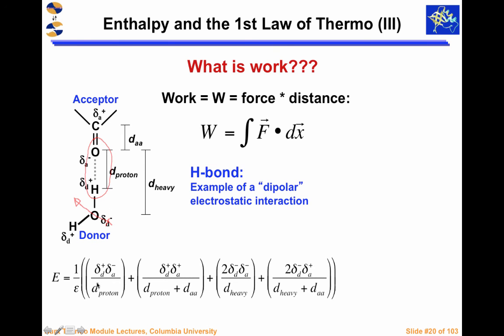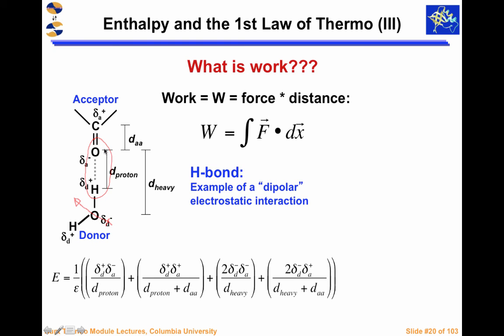So to understand the energy of this hydrogen bond, we will use the result derived in the previous couple of slides. We will simply sum up the electrostatic potential energy of all of the charged groups here. Of course, electrostatic potential energy is inversely proportional to distance.